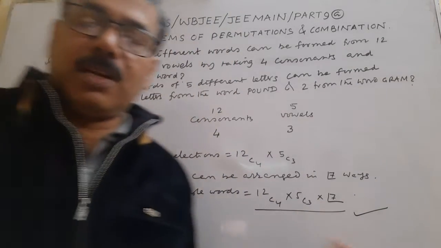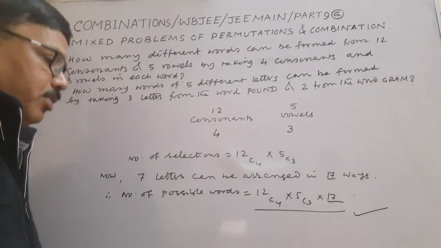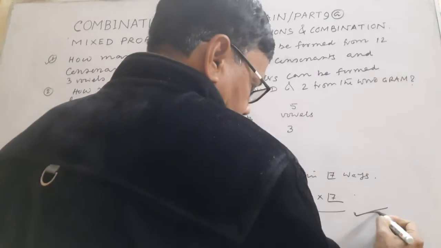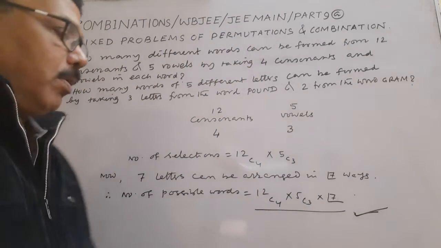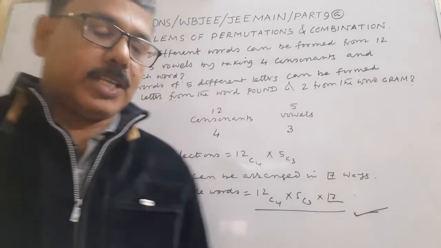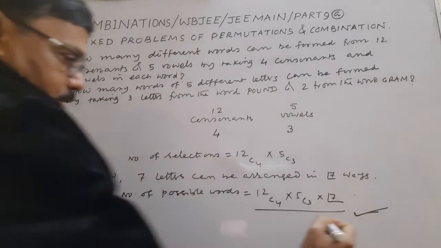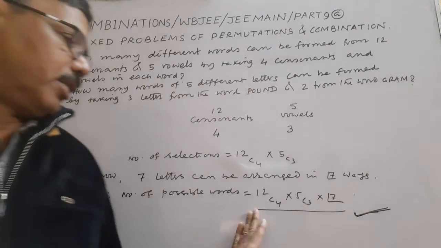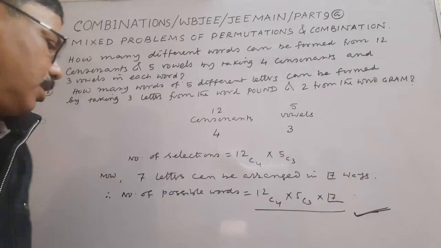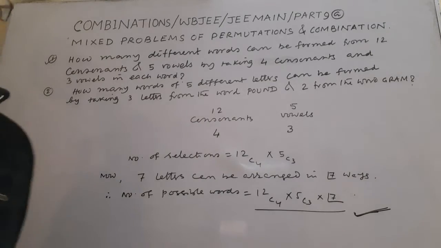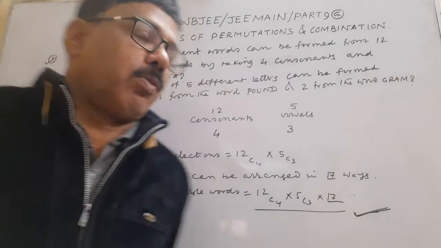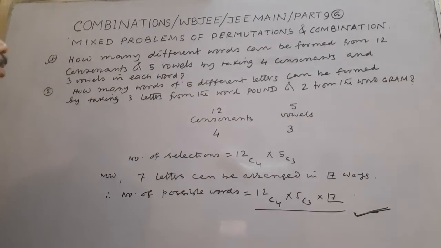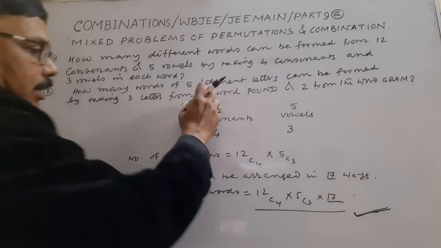Now this is a large number, so you can expand it. For problems of competition, you have to expand. This is the possible number of words. For this type of problem, we have to select the things.